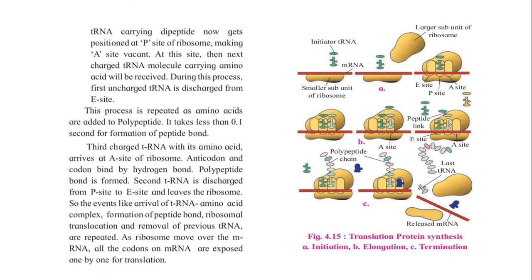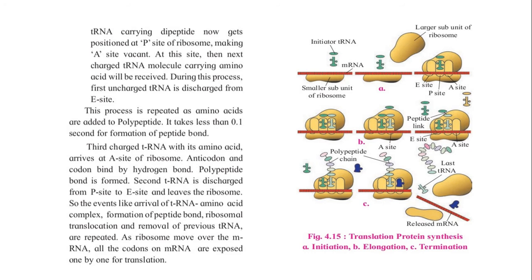The third charged transfer RNA with its amino acid arrives at the A site of the ribosome. Anticodon and codon bind by hydrogen bond. A peptide bond is formed. The second transfer RNA is discharged from the P site to the E site and leaves the ribosome.